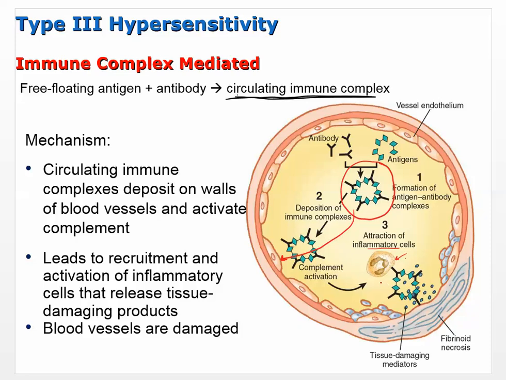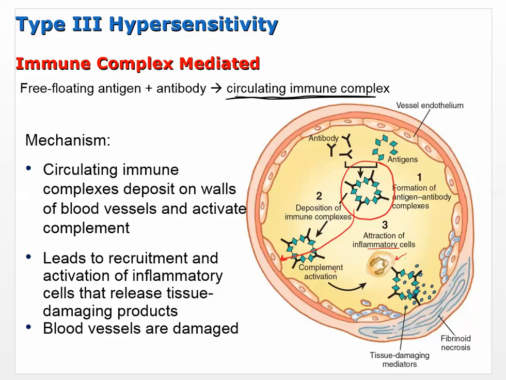We say this is not tissue specific because this complex didn't care what cell it landed on. But since it's in the blood, it tends to attack endothelial cells, the cells lining the blood vessels.